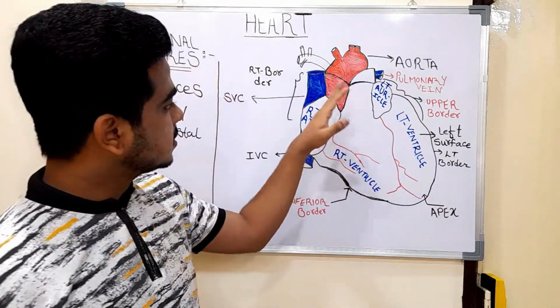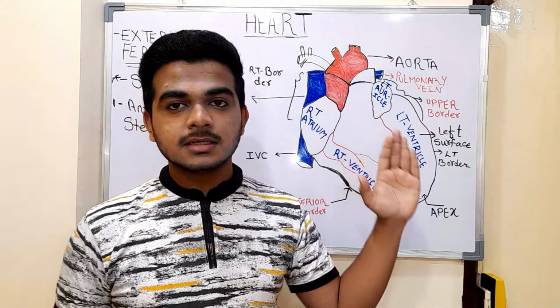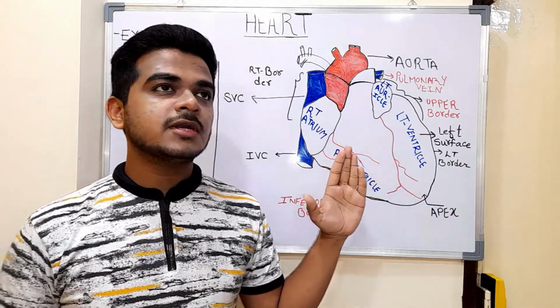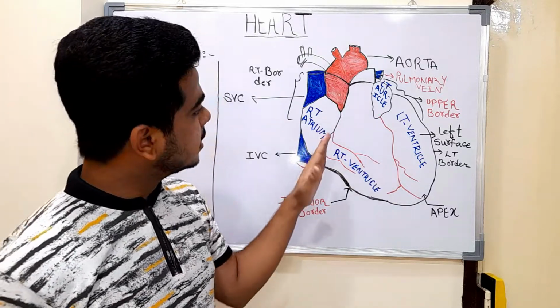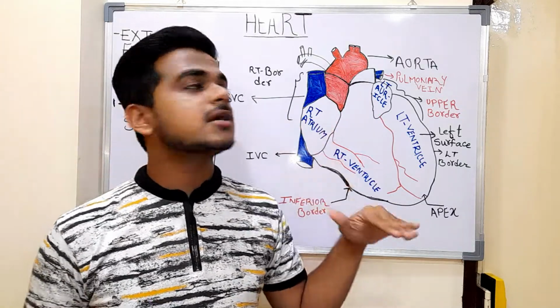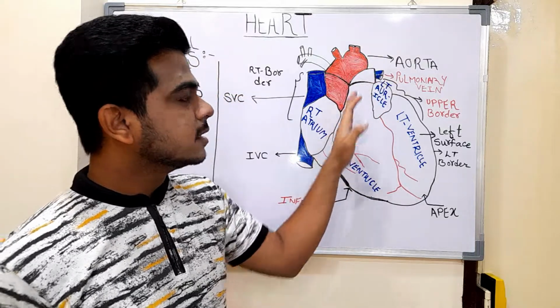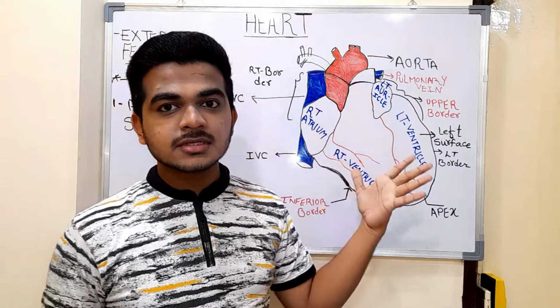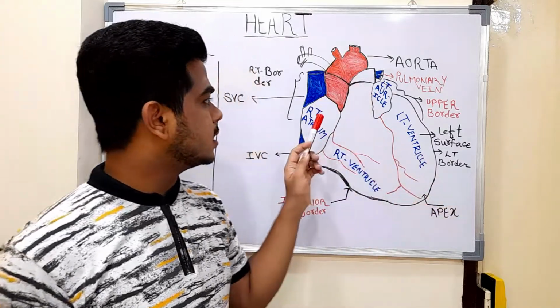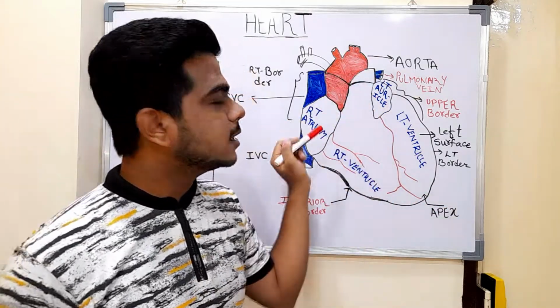And the right atrium is fully covered in the anterior surface. Actually, whenever you see the actual structure of the heart, the right atrium is totally covered by the aorta, because in front of the right atrium the aorta and pulmonary trunk are present. So that's why the right atrium is totally covered by the aorta.